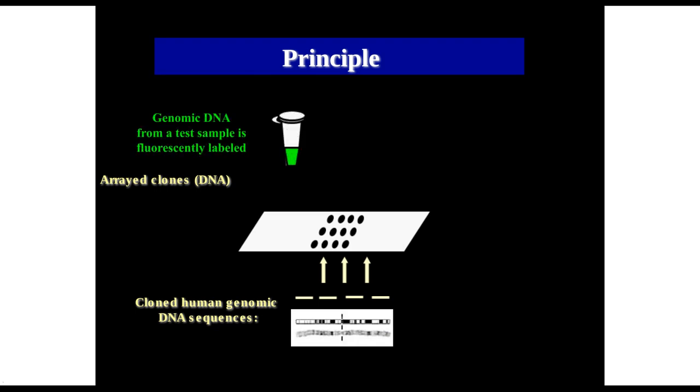After we immobilize them onto the glass slide, we label the genomic DNA that we're going to test in one fluorescent color. Here, I give you an example of a green fluorescence. And then we also have the same amount of DNA from a reference normal healthy control genome that we label with a red fluorescent color.